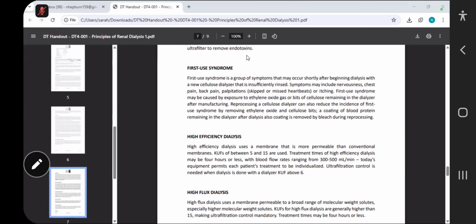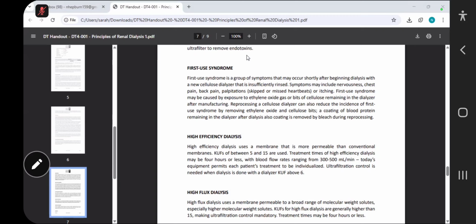Reprocessing a cellulose dialyzer can also reduce the incidence of first use syndrome by removing ethylene oxide and cellulose bits. A coating of blood protein remaining in the dialyzer after dialysis is also removed by bleaching during reprocessing.